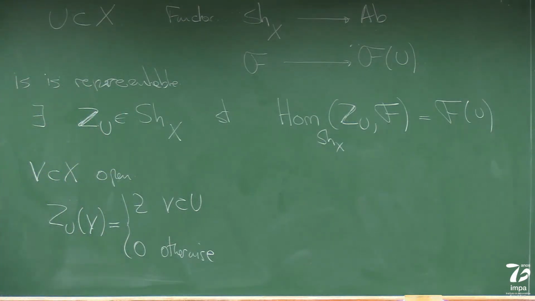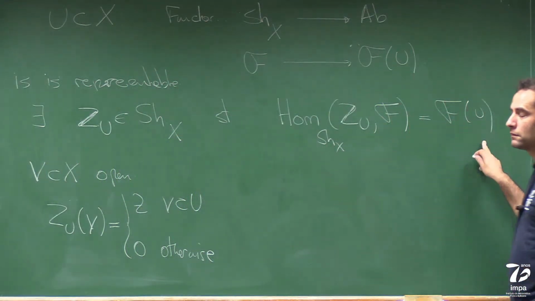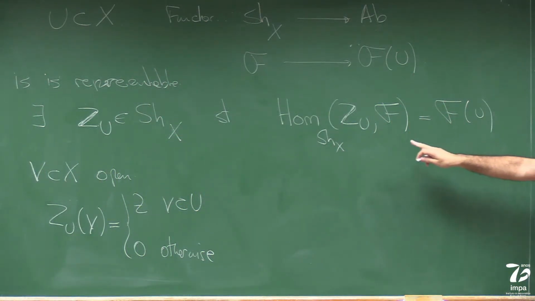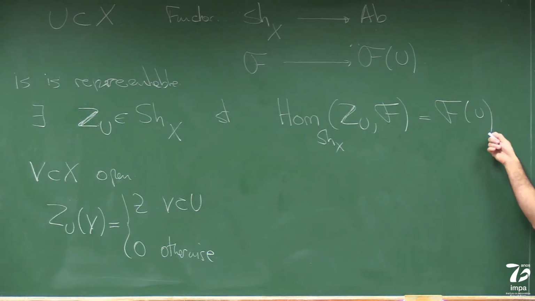So that's a sheaf. So now, I want to prove this statement, that there's a natural isomorphism between functors, hom from Z_U and sections on U.